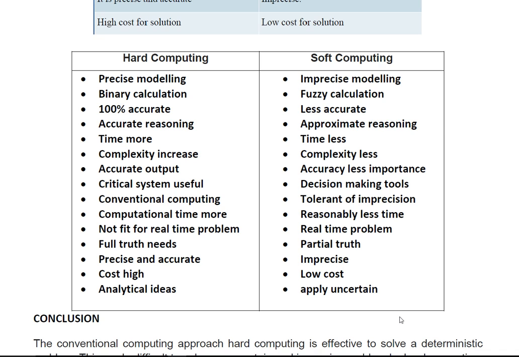Let me summarize: hard computing is related to a precise model, accurate solutions, and fast solutions, whereas soft computing deals with an approximate model and gives solutions to complex problems.